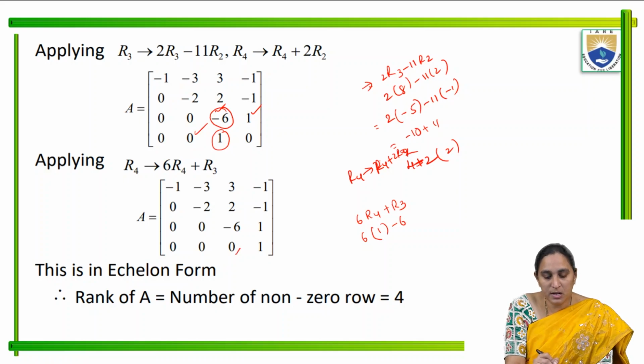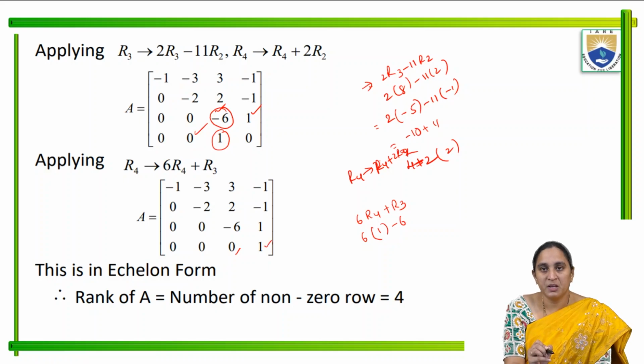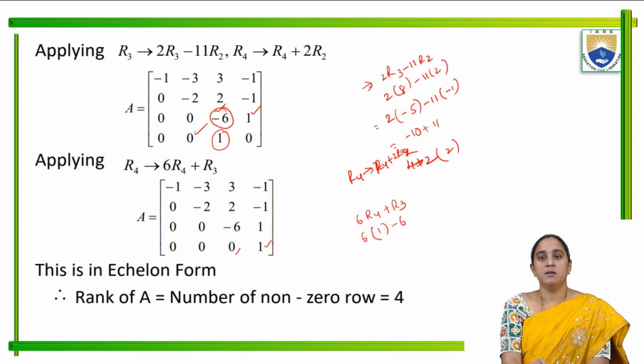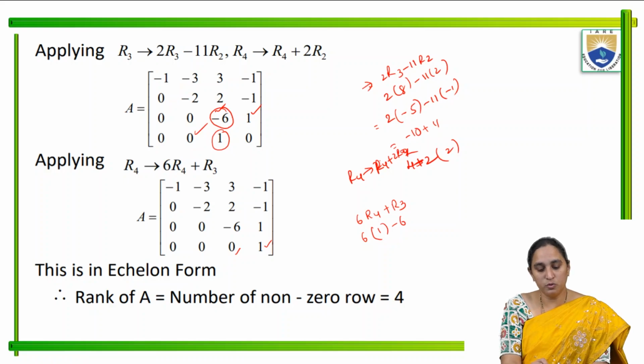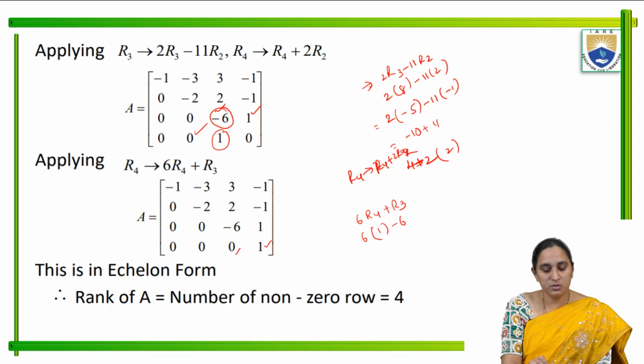And the last element: 6 into 0 plus 1, that is 1. Here I am applying the row operation only on R4, therefore the remaining rows are the same. The last matrix is minus 1, minus 3, 3, minus 1; 0, minus 2, 2, minus 1; 0, 0, minus 6, 1; and 0, 0, 0, 1.